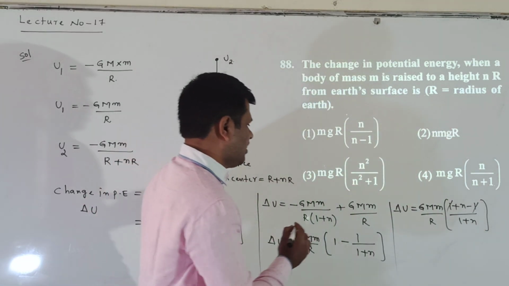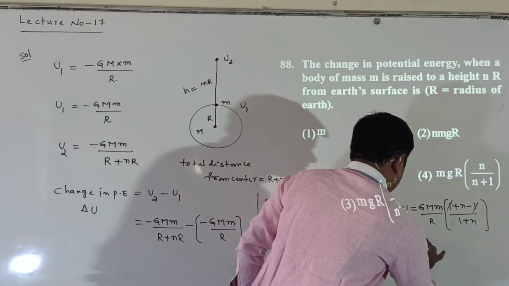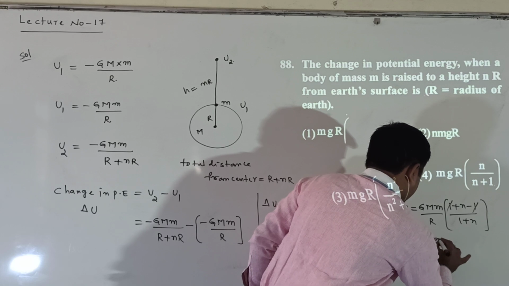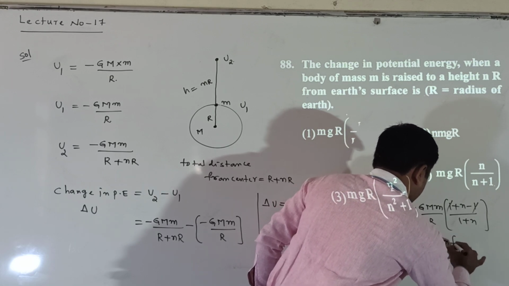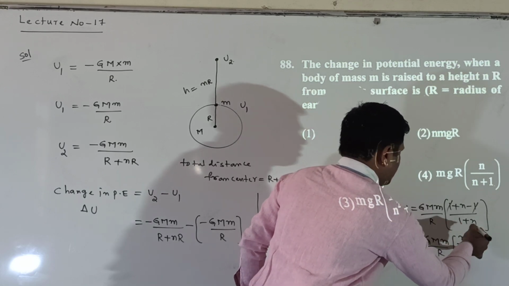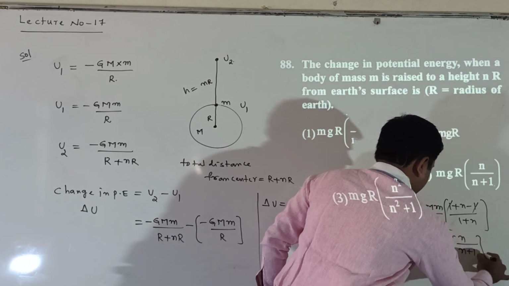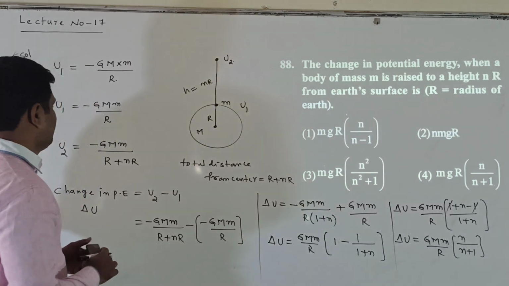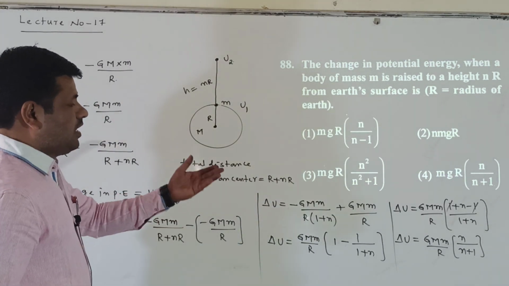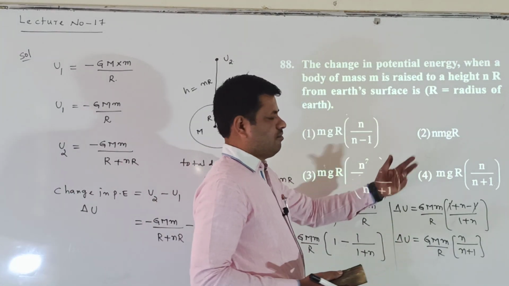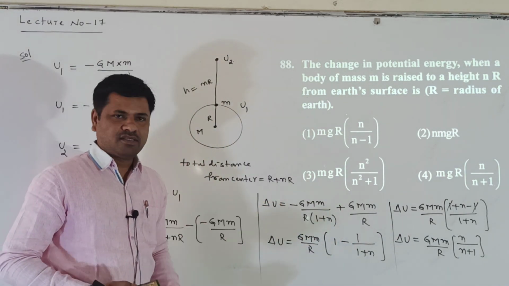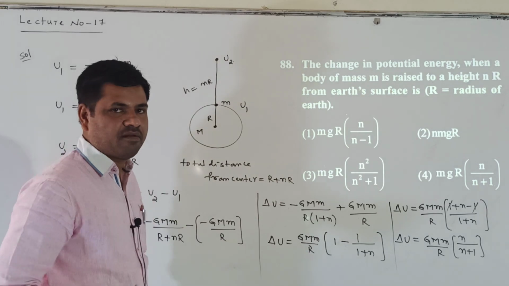So we get delta U is equal to GMm by R into n by (1 plus n), which I simply write as n plus 1, since 1 plus n is equal to n plus 1, a plus b is equal to b plus a. Now in the options this value is not there, but we have to make some changes in this final answer.